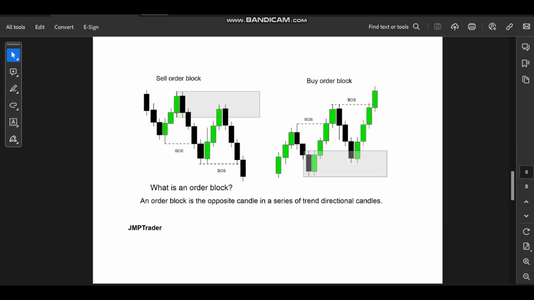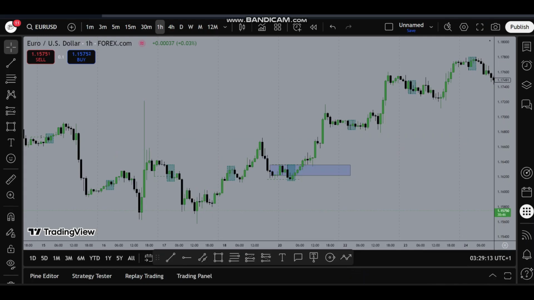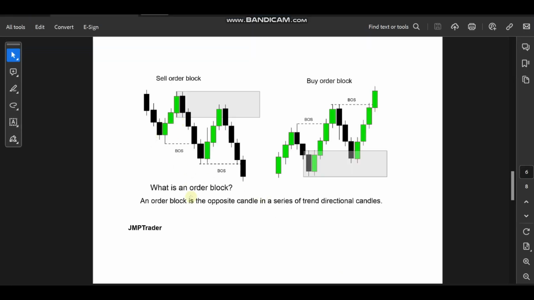next key level. We have order block. Now this is where I explain order block. What is an order block? An order block is the opposite candle in a series of directional candles. What I mean here is, directional candle means the trend.